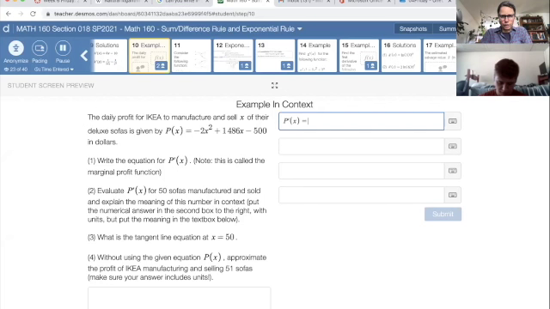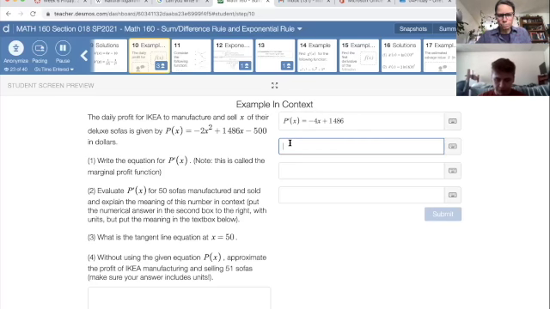So the derivative of negative 2x squared is negative 2 times 2, so it's negative 4x to the 1. And then the derivative of 1,486x is 1,486. Okay, the derivative of 500 is 0. There's no variable attached to it, so that thing, derivative of a constant, is always 0. Okay, so that's the equation for P prime.